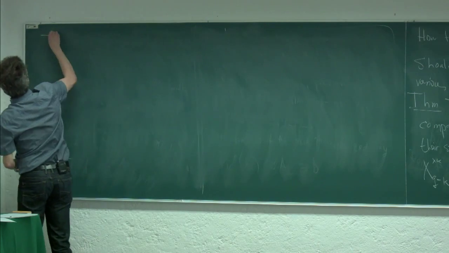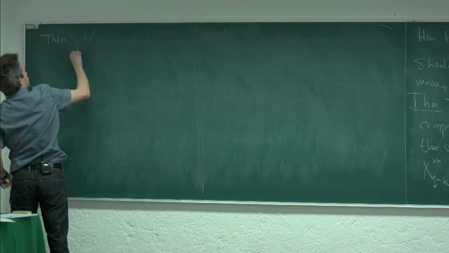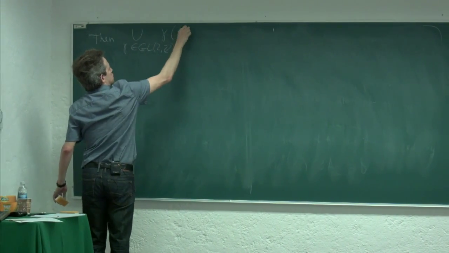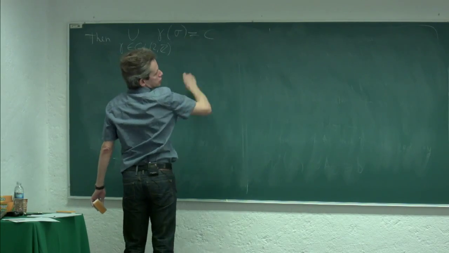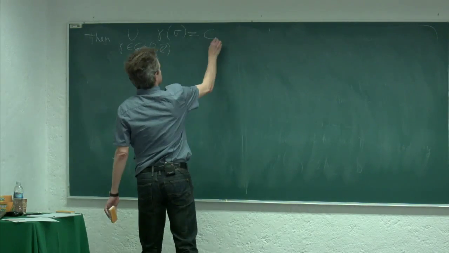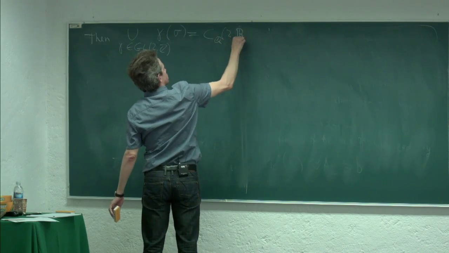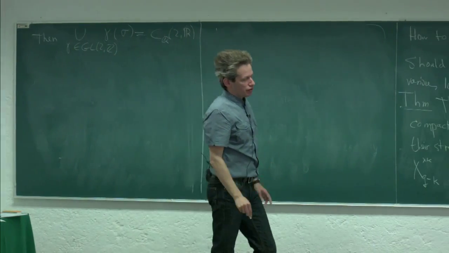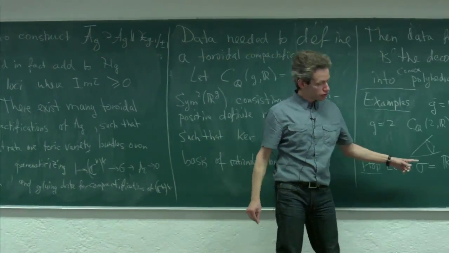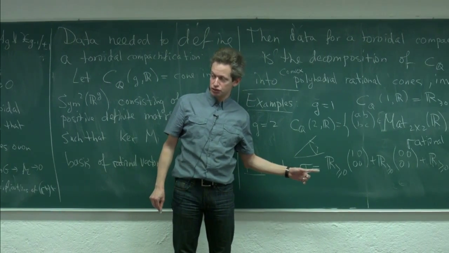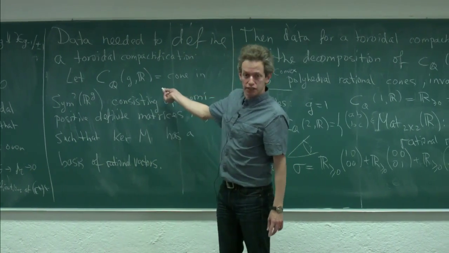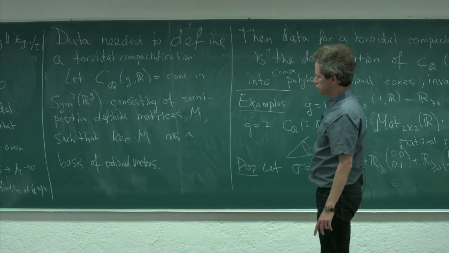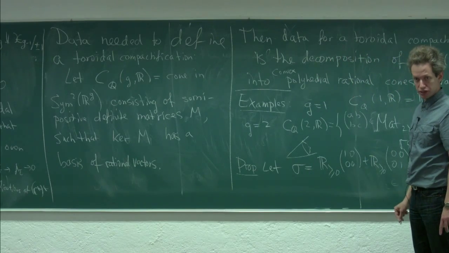Okay, and then the union over gamma in GL2Z of gamma sigma is the entire cone, whatever my notation was, C Q 2 R. Okay, what does this say? This says that if I take this particular cone and all of its GL2 conjugates, I get precisely the cone of 2 by 2 real semi-positive definite matrices with rational radical.